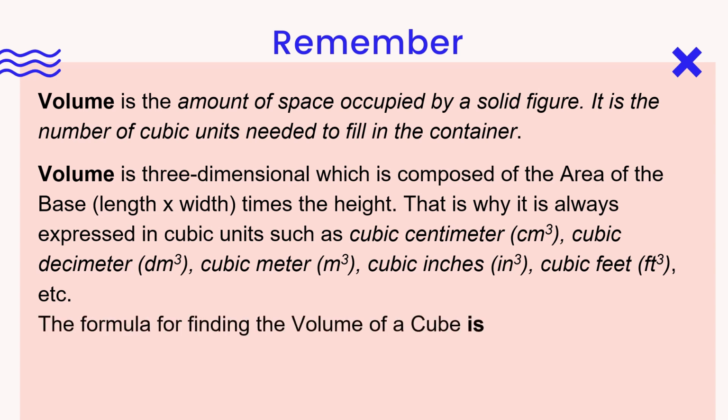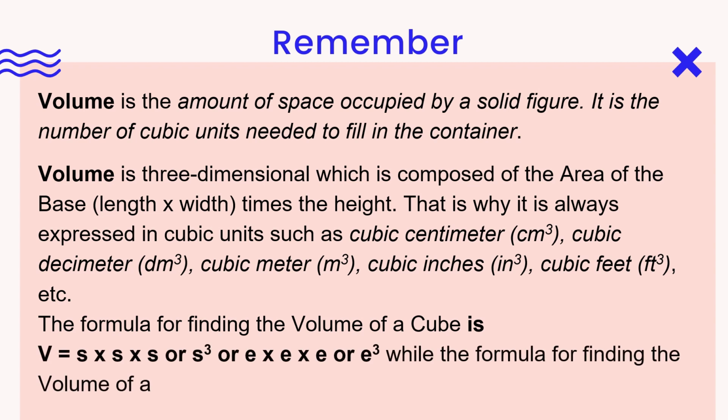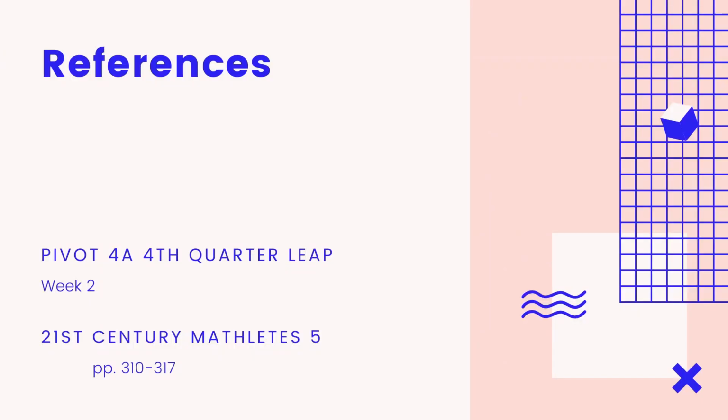So, again, the formula for finding the volume of a cube is V equals S times S times S, or S cube. While the formula for finding the volume of a rectangular prism is volume equals length times the width times the height.